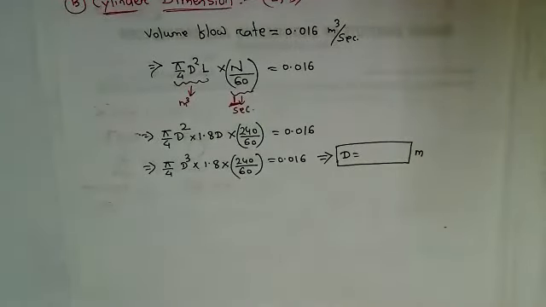I don't have a calculator, otherwise I could have shown you how to calculate the cube root. Being in second year, you should know how to calculate cube root using a calculator. Anybody got the answer?